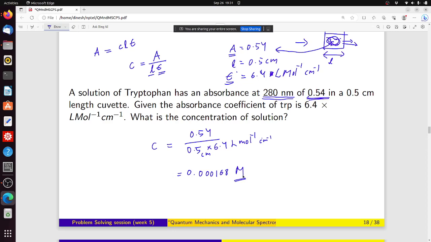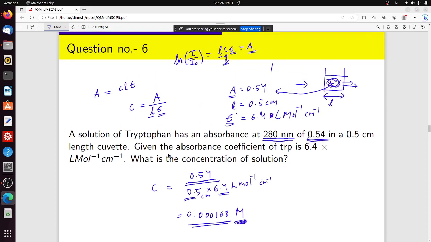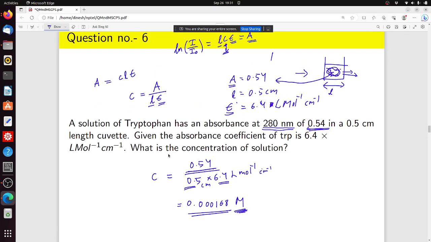This is mole per liter, the unit of concentration. I already gave all the numerical values, just put them in and we'll get the concentration of the solution. Any doubts?